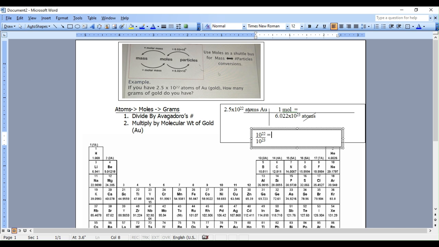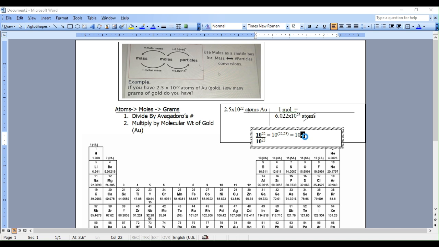They have the same base 10, so I can just combine the exponents. 10 to the 22 divided by 10 to the 23 is going to be, ready for this? 10 to the 22 minus 23. So what's 22 minus 23? That's going to equal 10 to the negative 1.